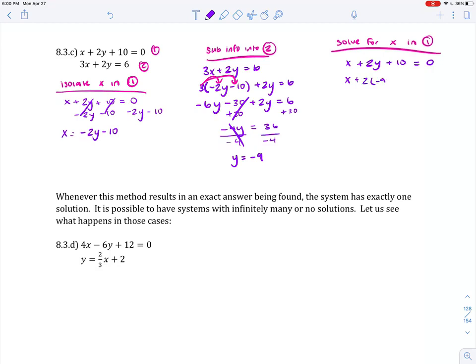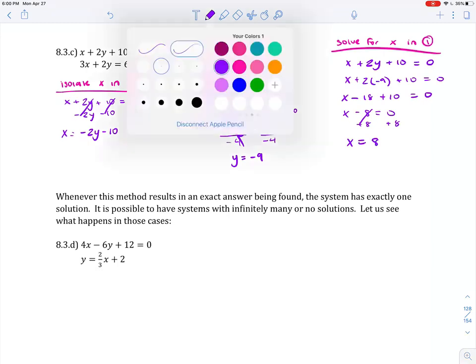You just switched. Alright, so I am solving for x. I am plugging in negative 9 every time I see a y. So I get x minus 18 plus 10 is equal to 0. X minus 8 is equal to 0.